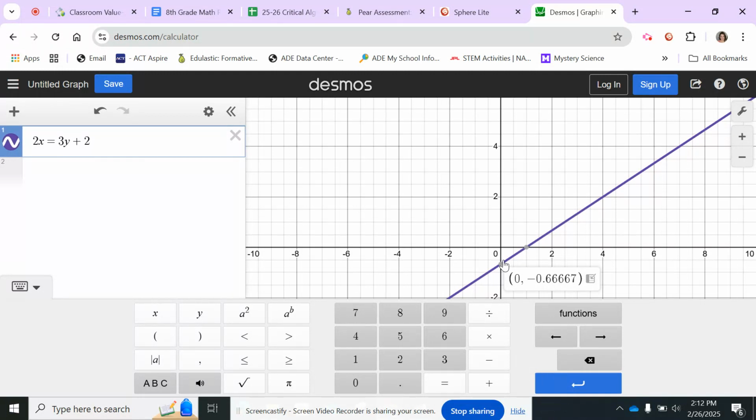You could always use your handheld and divide to make sure. So that's going to be 0, -2/3. But that is one way, even if you just had an estimate of what the graph would look like, that might let you know, oh yes, I did plug in 0 for x and solve for y correctly.